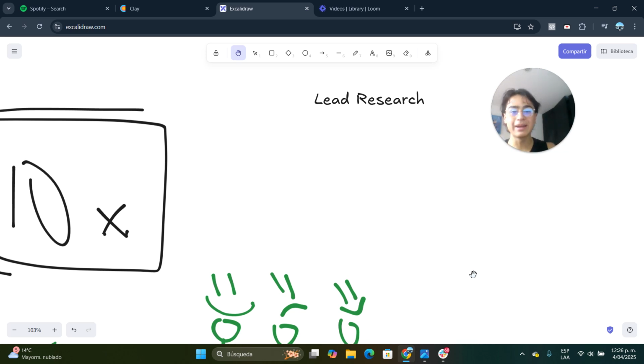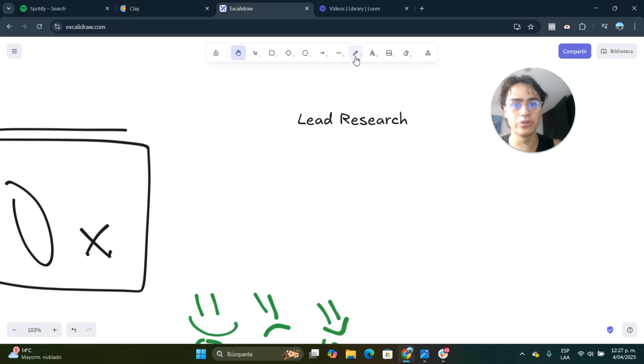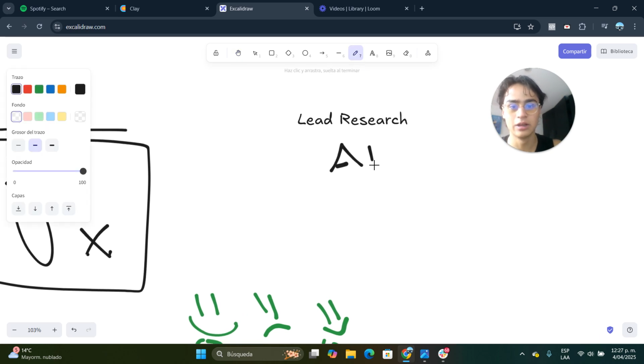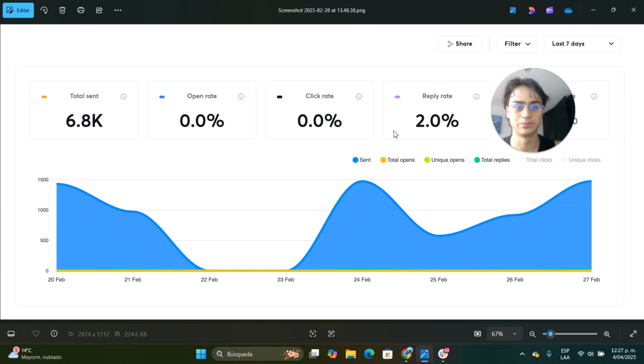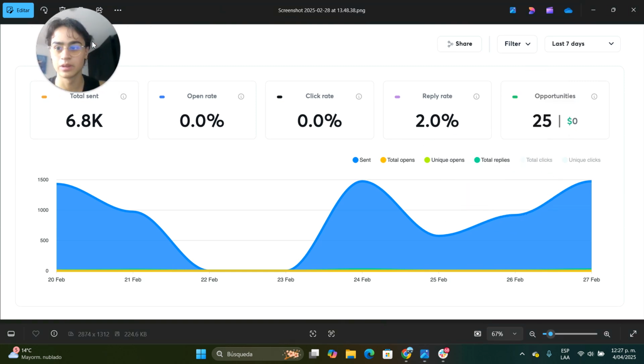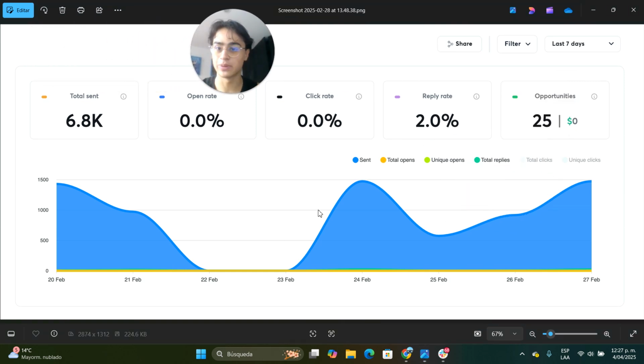And by doing this, when you use AI to do the lead research, and after doing that, you manage to connect those data points with what you have right now, you start getting results like this. 6.8k, of course, volume is pretty important, absolutely, and 25 opportunities in the last 7 days.